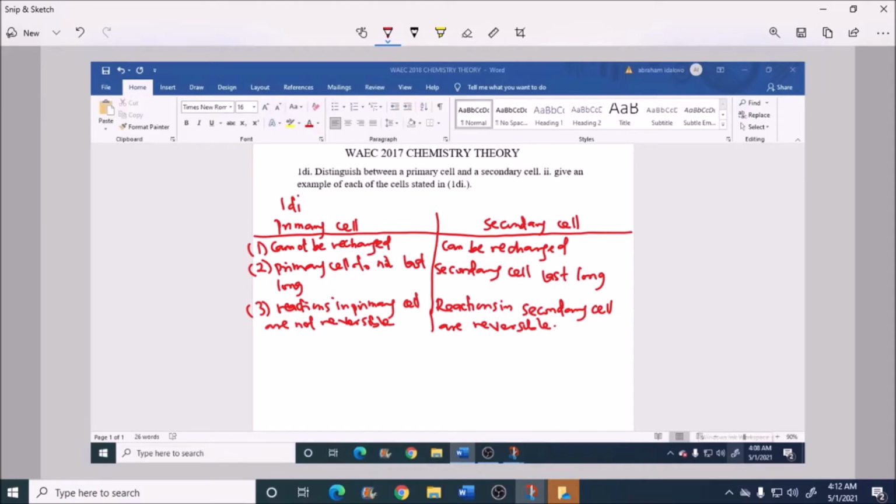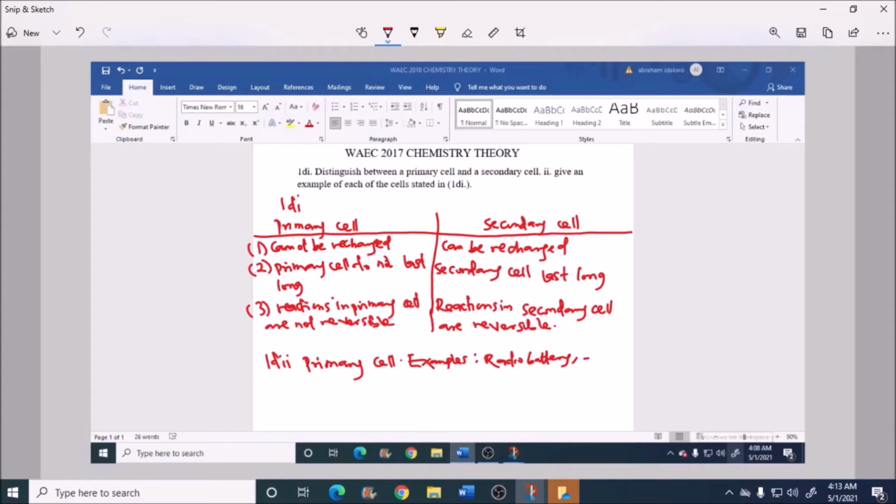Then 1D Roman figure 2. We have to give an example of each of the following. So that is, give examples of primary cell. We have radio battery, one of the examples of primary cell.